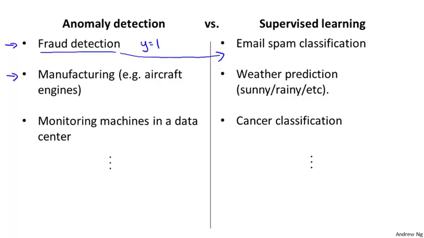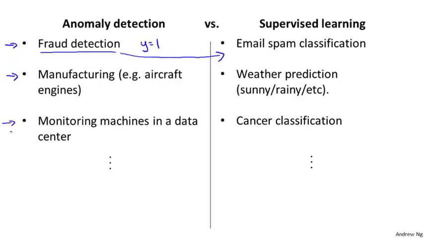Other examples, we talked about manufacturing already. Hopefully you've seen more normal examples and not that many anomalies. But again, for some manufacturing processes, if you're manufacturing very large volumes and if you've seen a lot of bad examples, maybe manufacturing could shift to the supervised learning column as well. But if you haven't seen that many bad examples of your own products, then I do this anomaly detection.